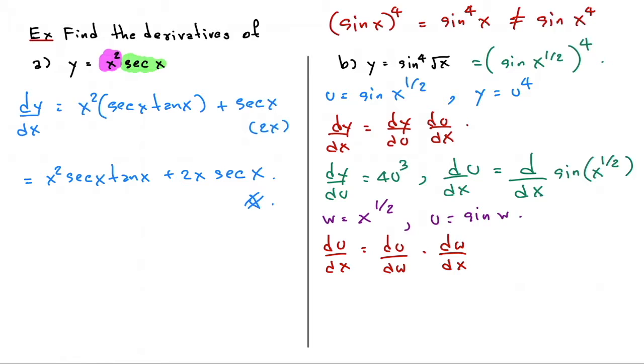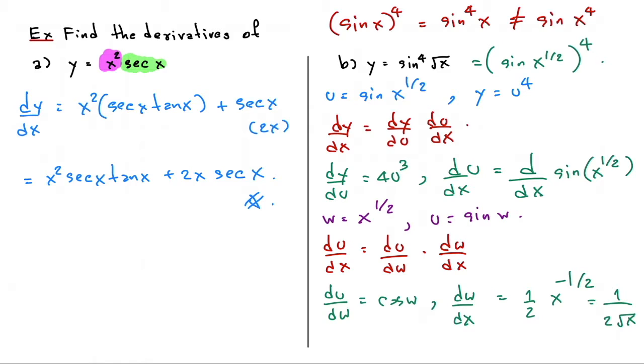But guys, du by dw is just cos w, as you know, the derivative of sin is cos. And dw by dx is half of x to the power of minus 1/2, which is 1 over 2 square root of x. Make sense?